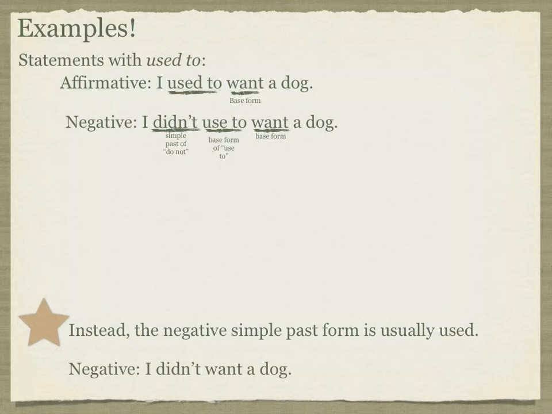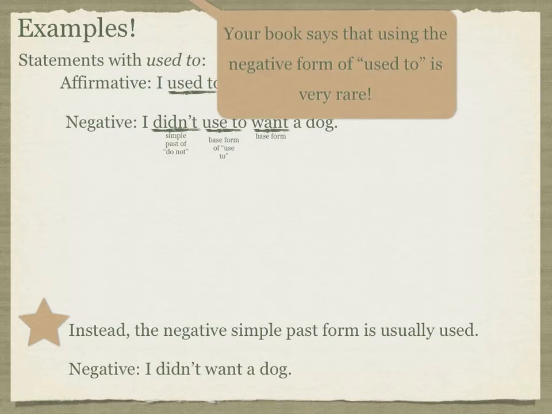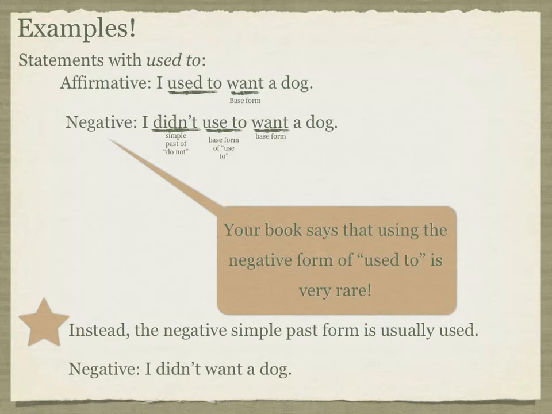Didn't use to want a dog. But luckily, your book says that using the negative form of used to is very rare. So instead, the negative simple past form is usually used. So instead of saying I didn't use to want a dog, you can say I didn't want a dog.